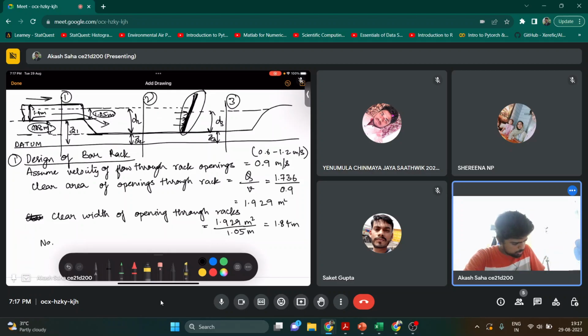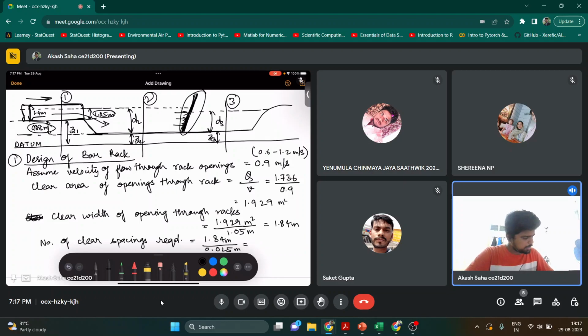So number of clear spacings required will be the clear width divided by the width of each spacing. So the clear width of each spacing is given as 25 mm. So that is equal to 0.025 meter.